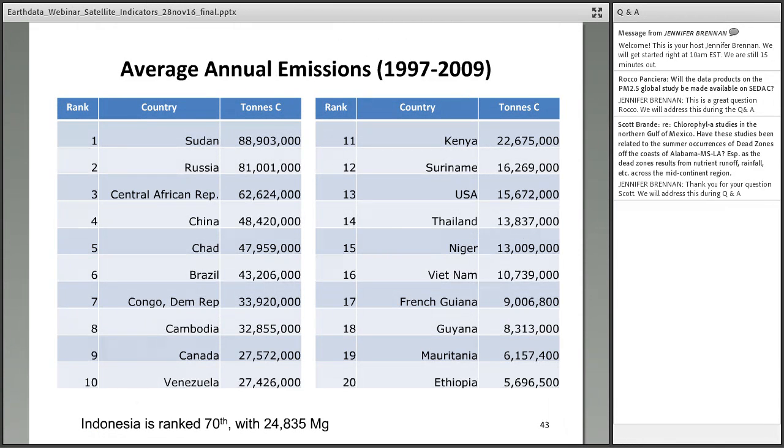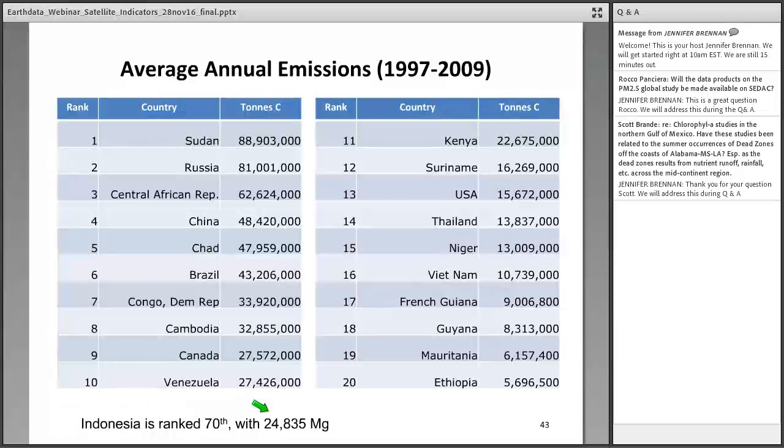These are average annual emissions by country, and basically Sudan during this time period had annual average emissions of around 89 million metric tons per year. Russia came in at 81 million metric tons per year. U.S. is around 13th with about 15 million metric tons per year, and Indonesia was ranked 70th at 24.